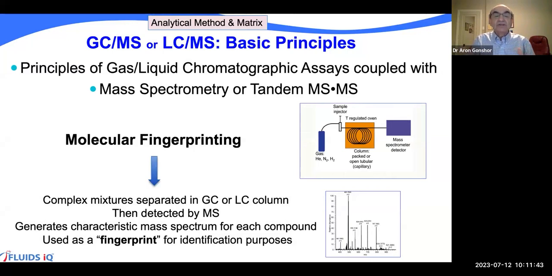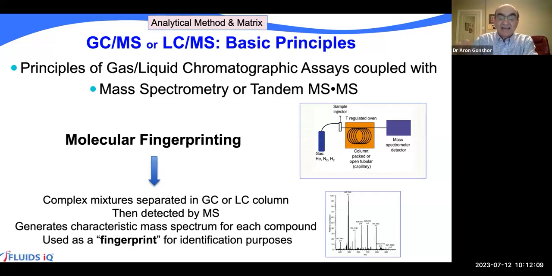And the basic principle of that is quite straightforward. Either the gas or the liquid is there. You place whatever the analytes are that you want, and it gets separated in these various GC or LC columns. I'm not going to go into it in detail, into ionic forms. And then from there, it is pushed into a mass spectrometer.